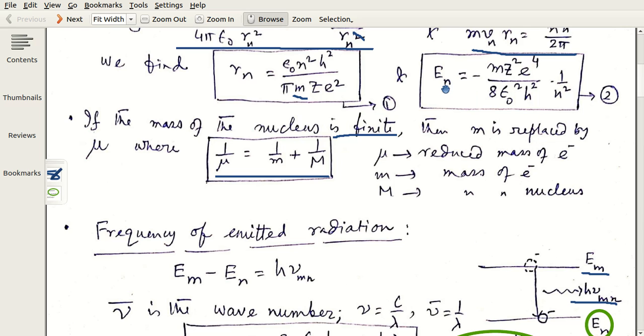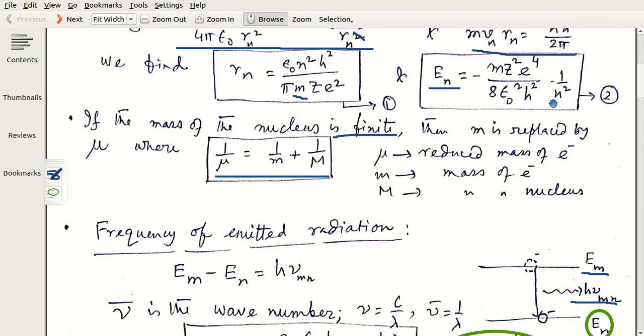So the electron is out of the atom, that means the electron is free when this En is equal to 0. And from the expression we see here, En becomes 0 if n becomes infinity. So when theoretically n becomes infinity, only then the electron is free.